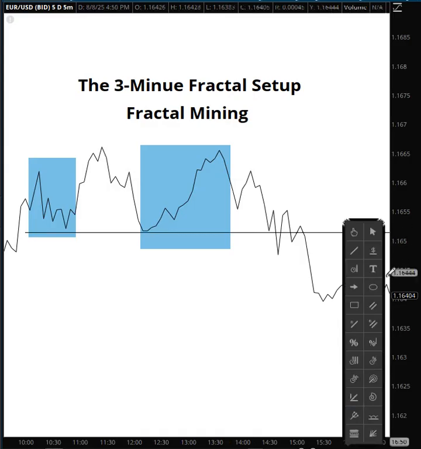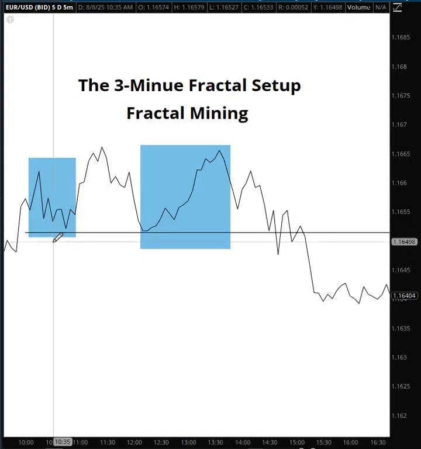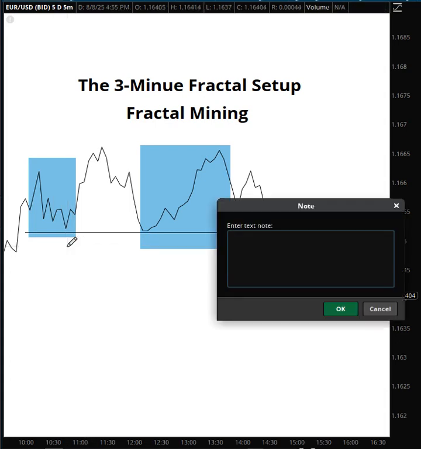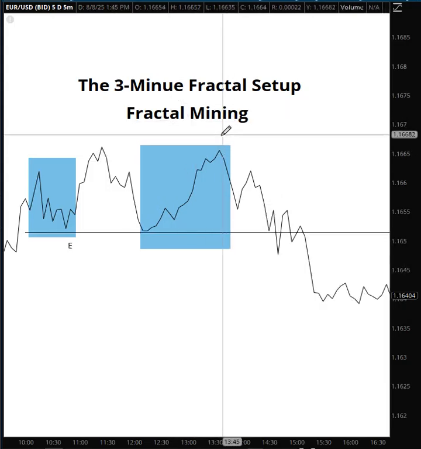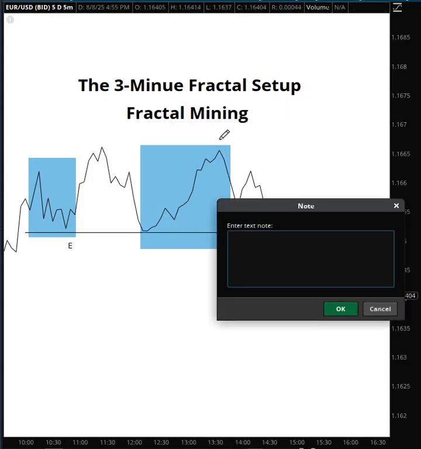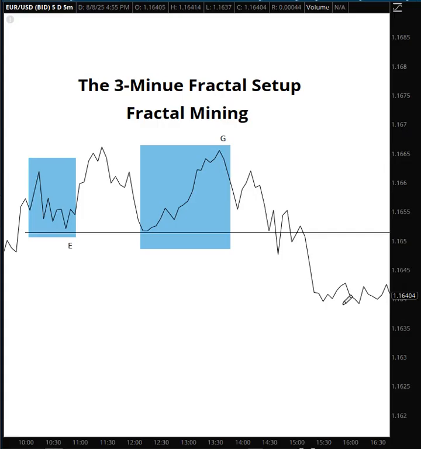So let's put an E here that denotes the bottom, okay? And we have a G here, which denotes the top. Okay. That's a decaying fractal.